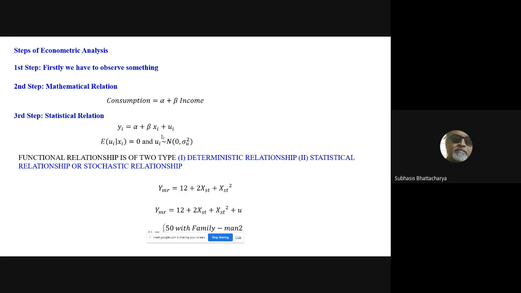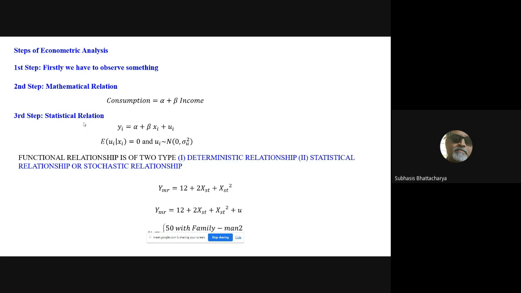And when I consider yi is equal to alpha plus beta xi plus ui, this is called a statistical or stochastic relationship. A deterministic relationship is a mathematical relationship where for every unique value of x we have a unique value of y, but a statistical relationship is one where for every unique value of income, there may not be a unique value of consumption.